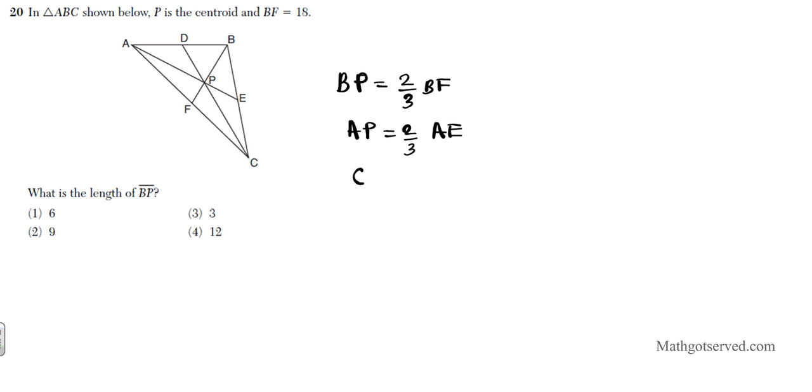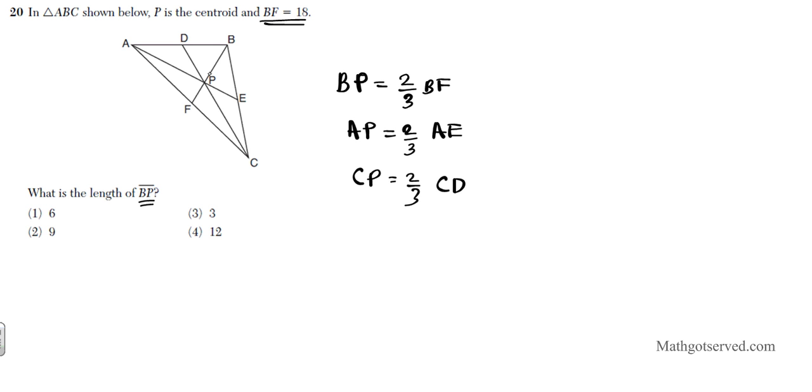So CP, which is the longer portion of the median separated by the centroid, equals 2/3 of the entire median, which is CD. All right, so this is the centroid theorem for triangles.